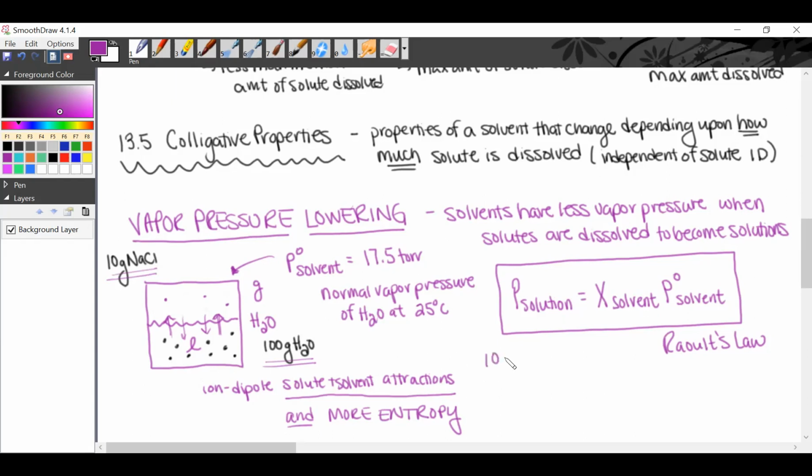So 10 grams of sodium chloride, molar mass is 58.5 grams. And I've got 100 grams of water. Molar mass is 18 grams.